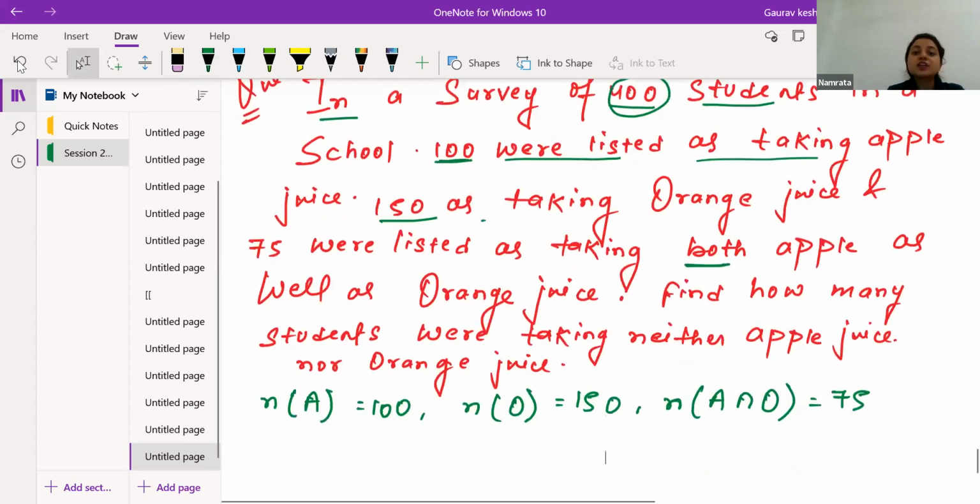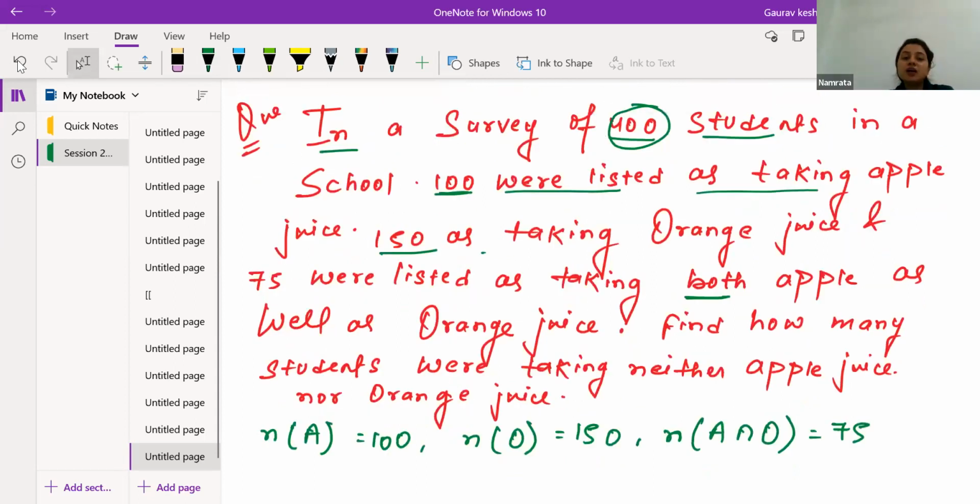So here you can say the universal set contains 400 elements. Can you see it, Lina? Yes. In a survey of 400 students, the survey is happening on the overall student body, that is 400. From the overall 400, let's keep it in a rectangular box.